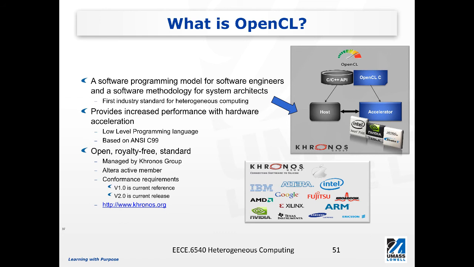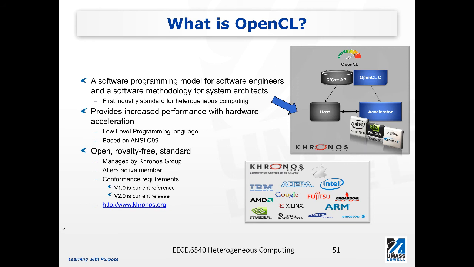OpenCL supports heterogeneous computing in the sense that one OpenCL program can run on both the CPU and GPU, or a CPU and FPGA, or even a CPU, GPU, and FPGA altogether within one platform.